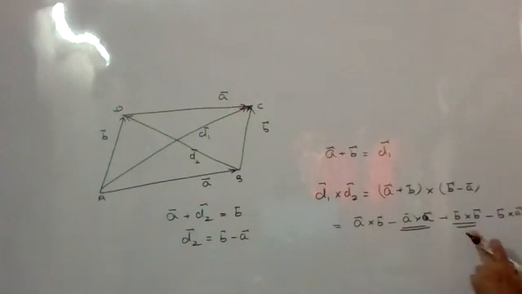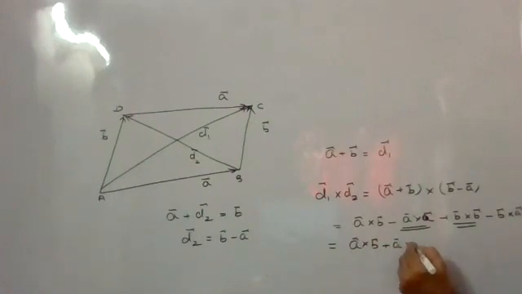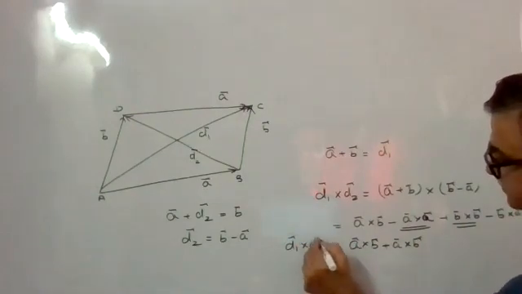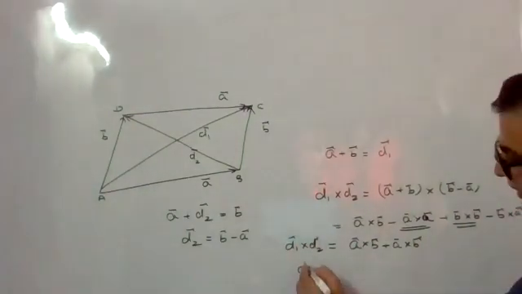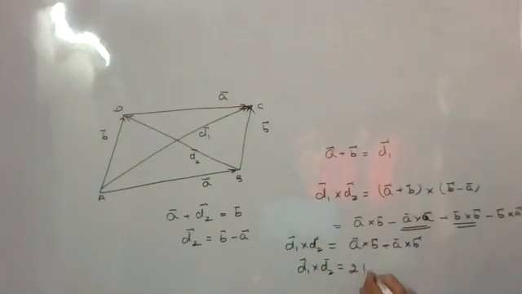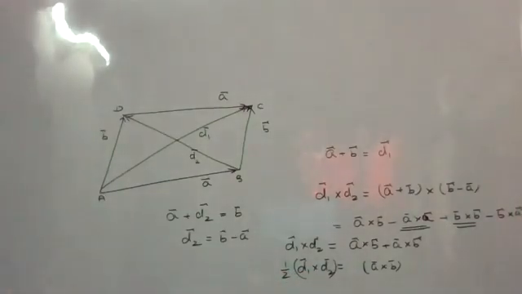So this is 0, this is 0. And if you write minus B cross A as A cross B, it will become plus. So A cross B plus A cross B is your D1 cross D2. Or I should say D1 cross D2 comes out to be twice A cross B. Or A cross B is half of D1 cross D2.